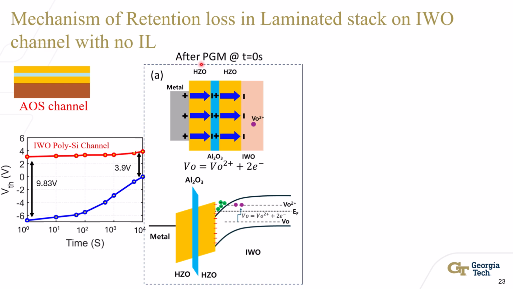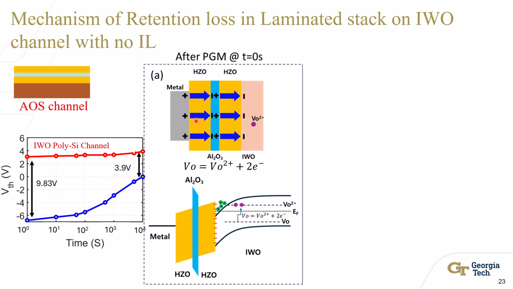At t equal to 0 seconds after applying a program pulse, the ferroelectric polarization is aligned in the direction shown here, and it is primarily screened by the electrons present in the channel. These electrons make the channel highly conductive, thereby significantly reducing my threshold voltage, as I mentioned before, on the program side.